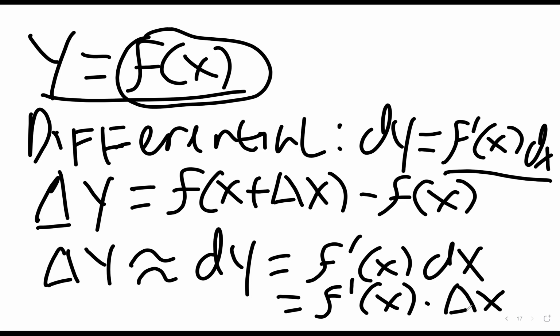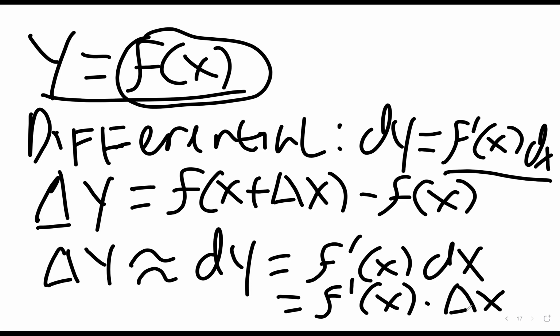For example, in a word problem about the difference between the volumes of two spheres, two balls, you have to recall that the volume of a ball of radius r is 4/3 multiplied by pi r cubed.